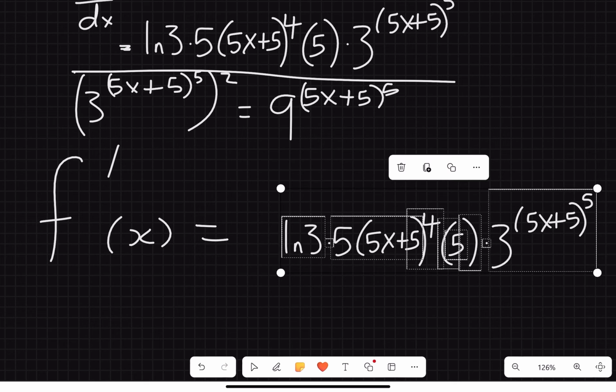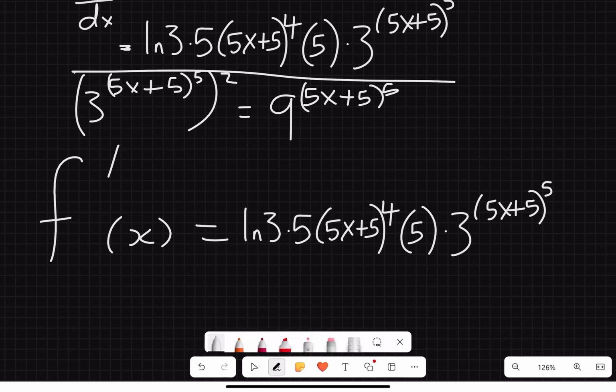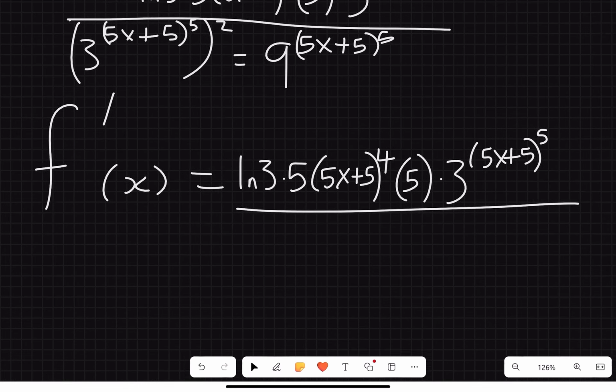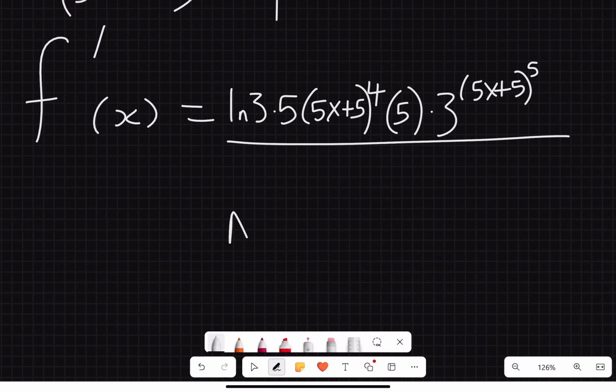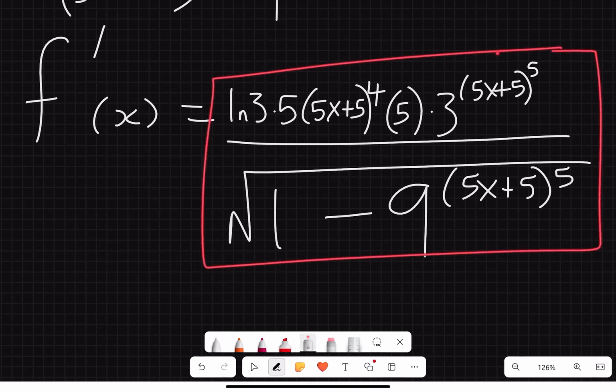So that is our numerator, all over square root of 1 minus the x squared, which was 9 in bracket (5x plus 5) all to the power of 5. And this is the derivative, ladies and gentlemen.